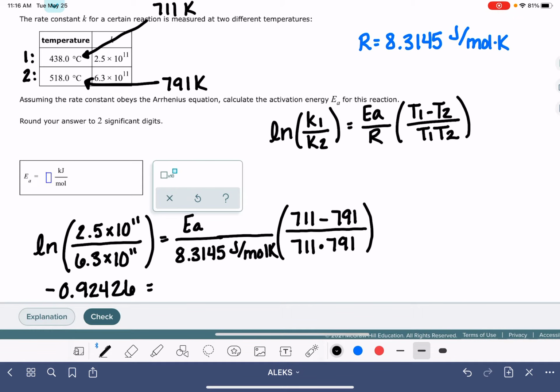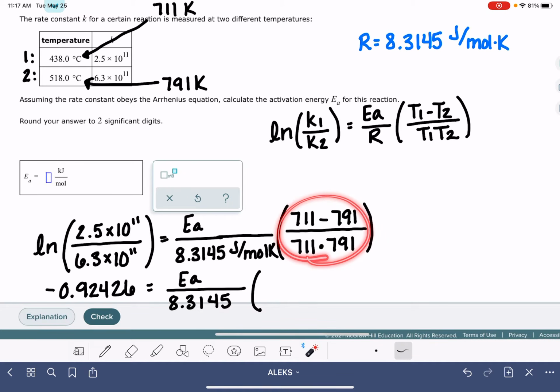I'm gonna leave a lot of sig figs for now, and that's gonna give me E sub A over 8.3145 multiplied by, I'm going to work this math out right here, 711 minus 791 divided by 711 times 791, and that gives me negative 1.4225 times 10 to the negative 4.